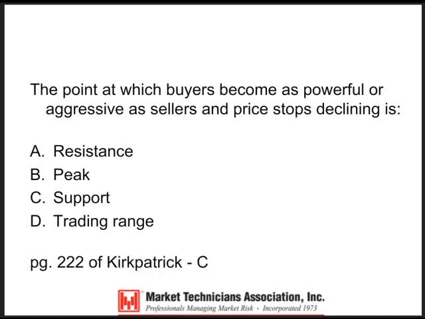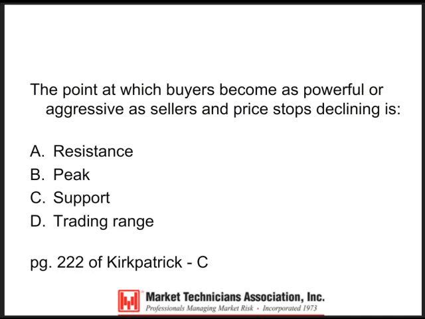The point at which buyers become as powerful or aggressive as sellers and price stops declining is C, support. That's ultimately what technical analysis is, because with every trade you have buyers and sellers, but are the buyers or the sellers more aggressive at a certain point? That gives you your price changes.